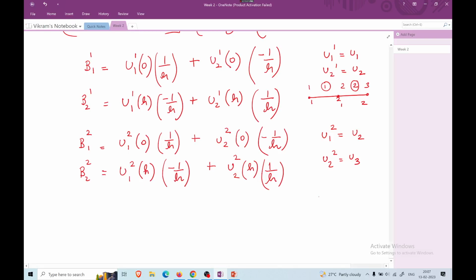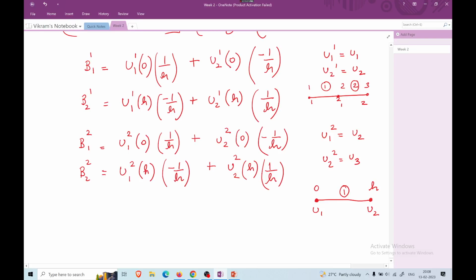For a particular element, at this node it is u1, at this it is u2, and here 0 0 h. So this can be element 1 or it can be element 2 also.